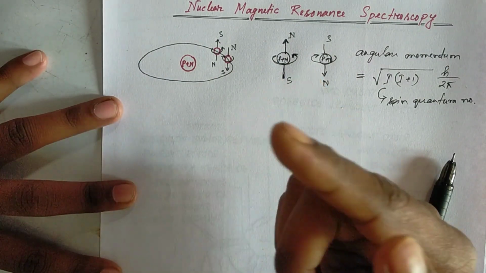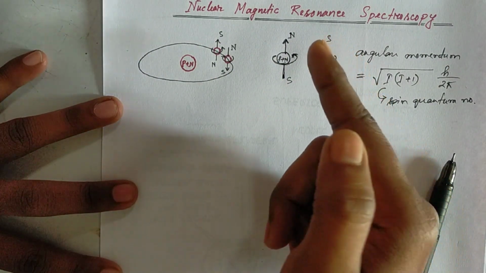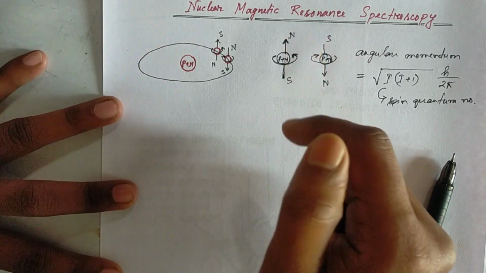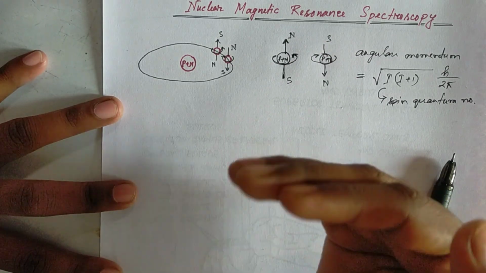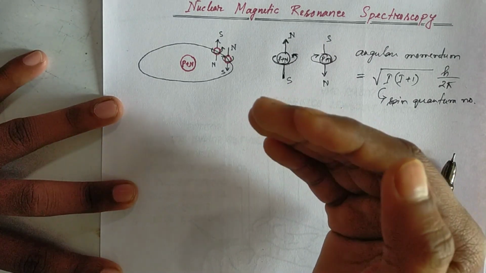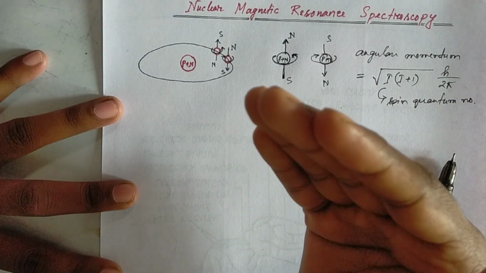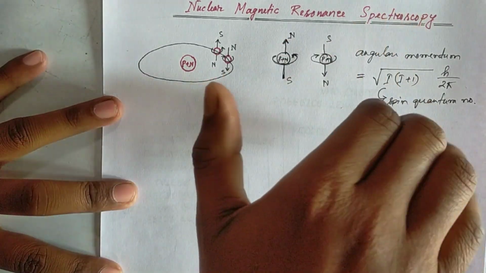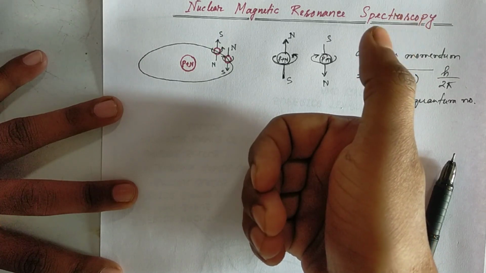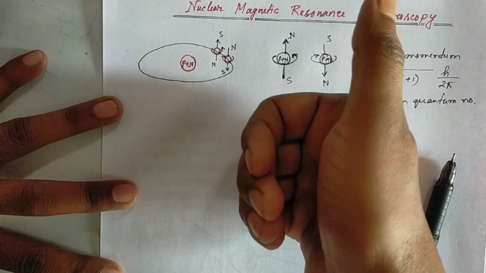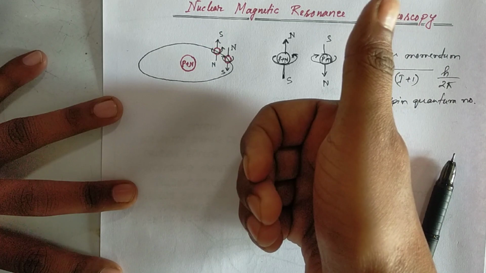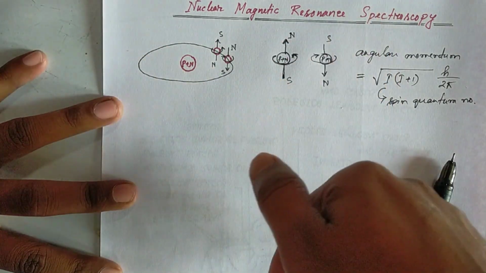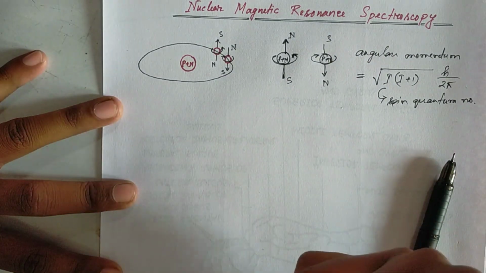The direction of the north pole and south pole of the induced magnetic field will be according to the right hand thumb rule. So if the nucleus is spinning in this direction, the north pole will be in the direction of this thumb, and opposite to the north, the south pole will be in the opposite direction.